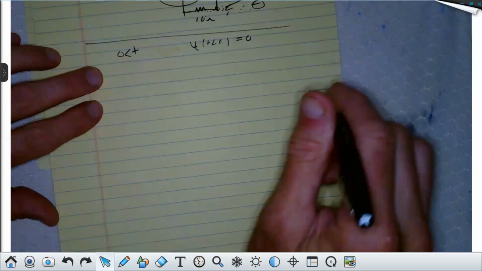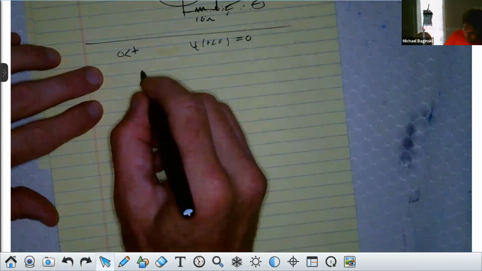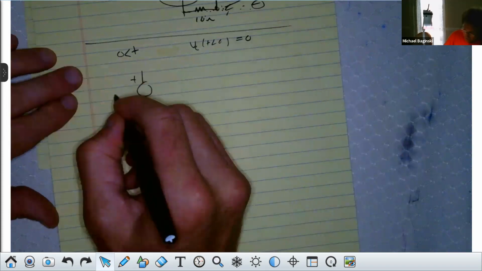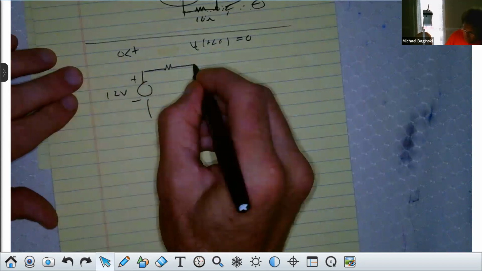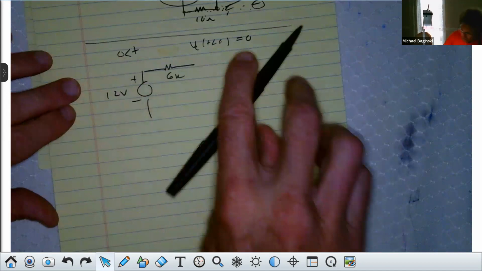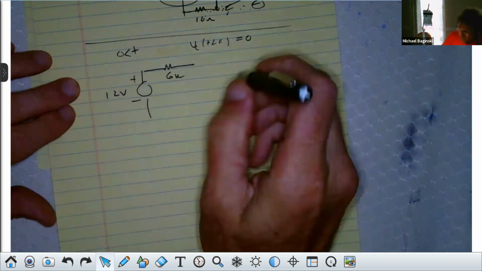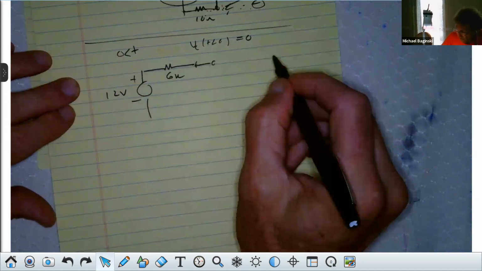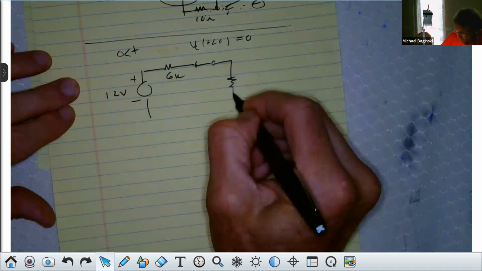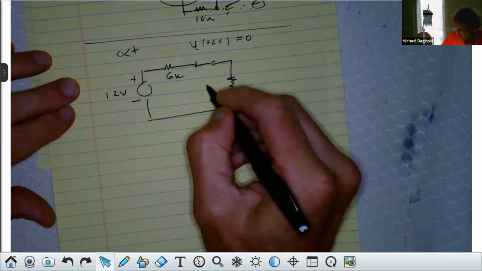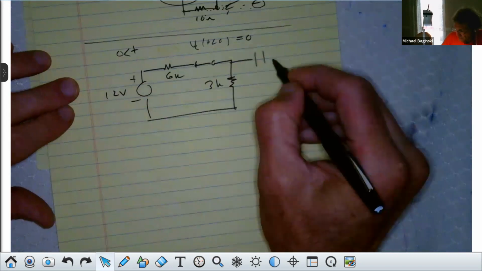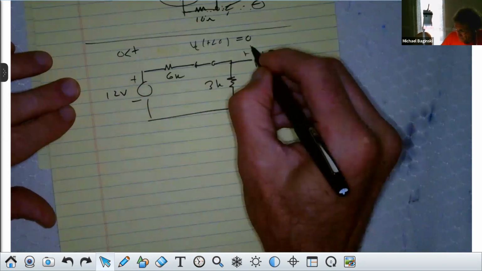Now for t greater than 0, here's the circuit. That switch is closed, right? Then I got 3K here. Then I have this capacitor, right?